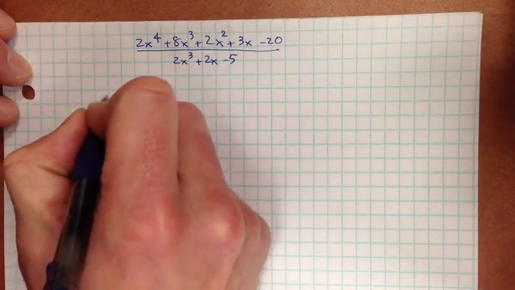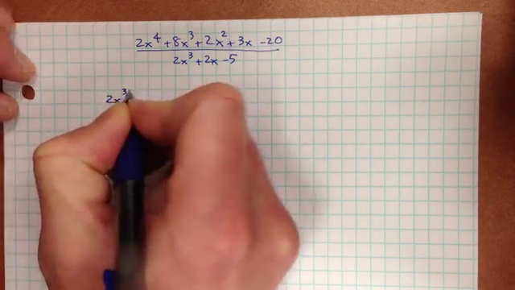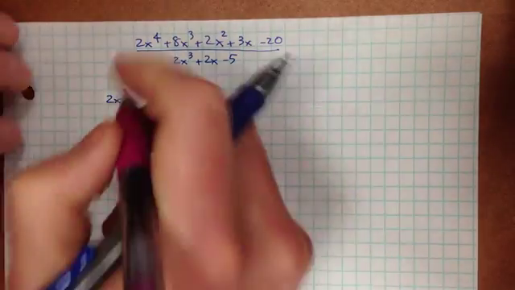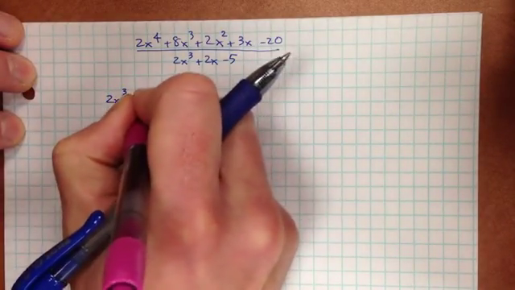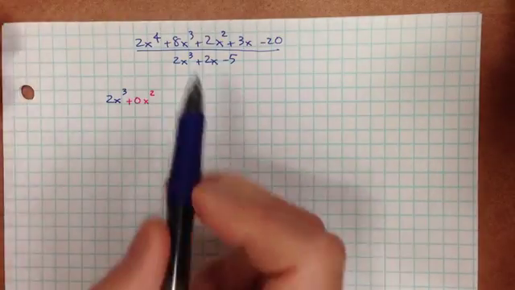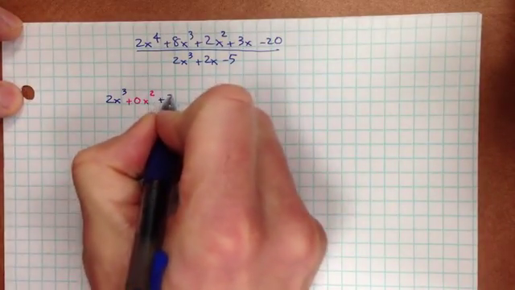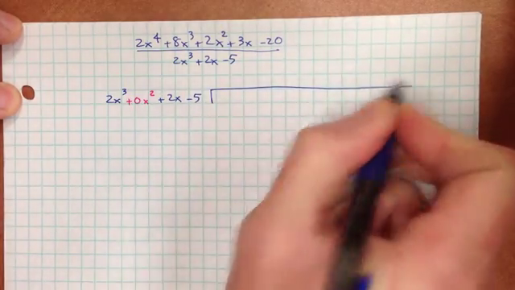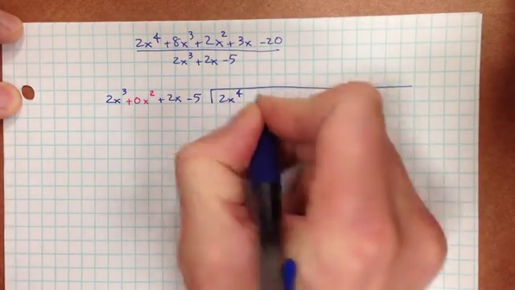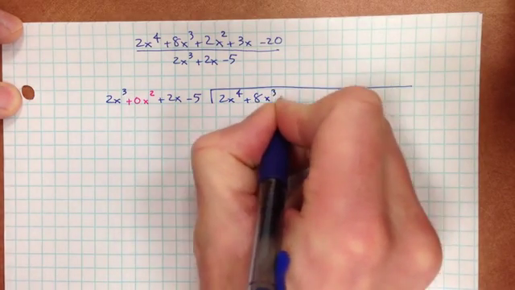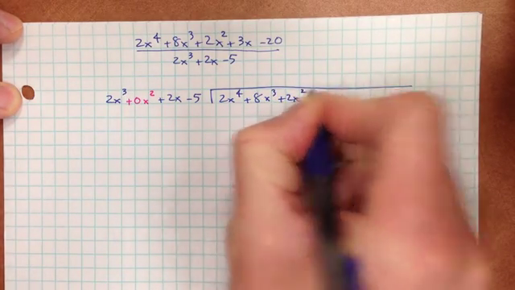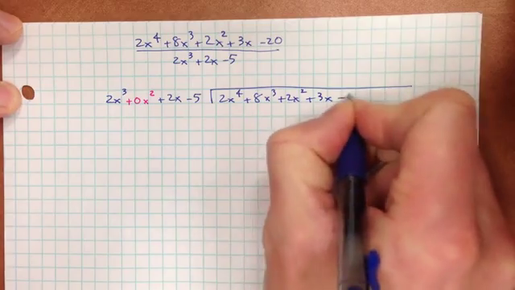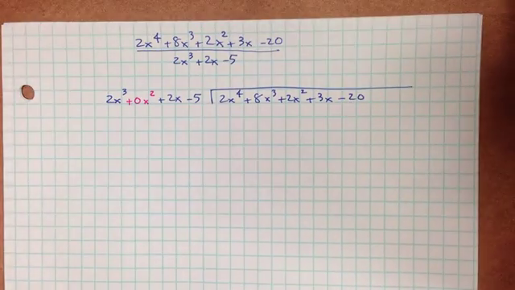So when we do our dividing, 2x cubed plus 0x squared, filling in that missing term right here, plus 2x minus 5 divided by 2x to the 4th plus 8x cubed plus 2x squared plus 3x minus 20. There's our division.